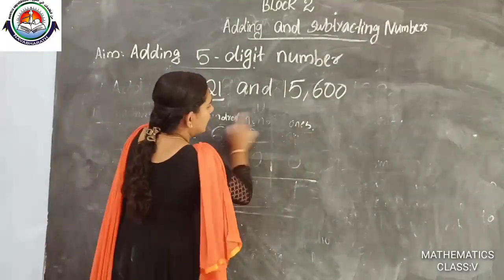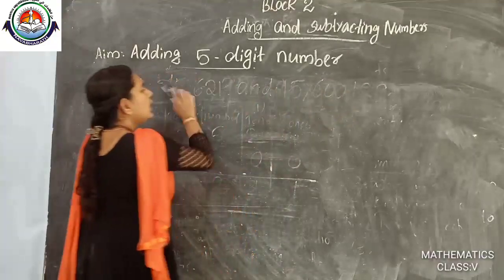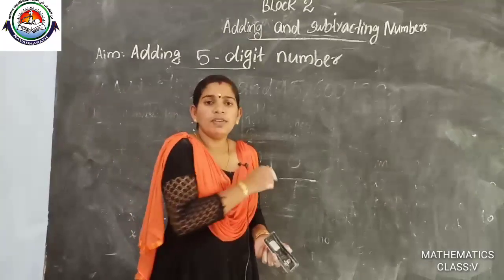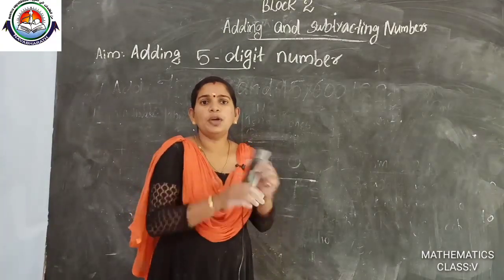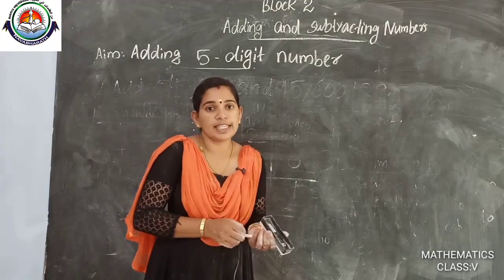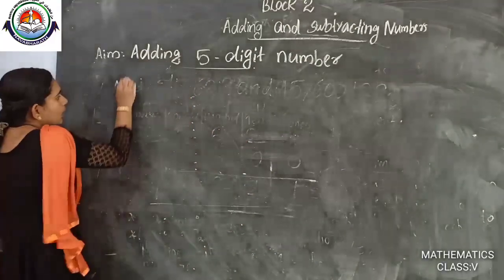Now we are doing how to do the problems without the abacus. Here we are using a place value chart. Without the place value chart, how do we do this problem? That we will check.